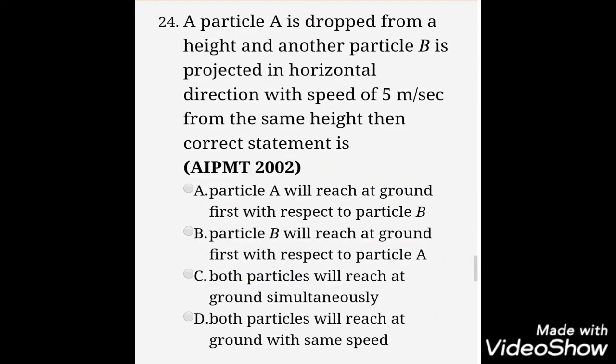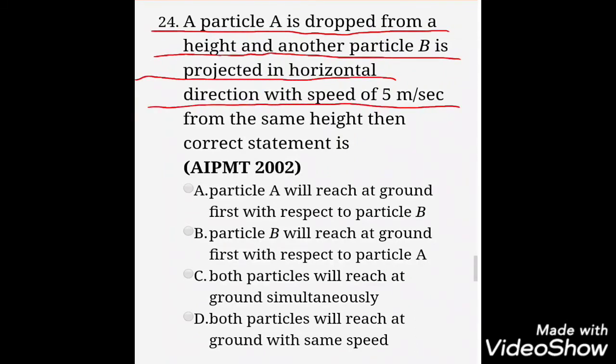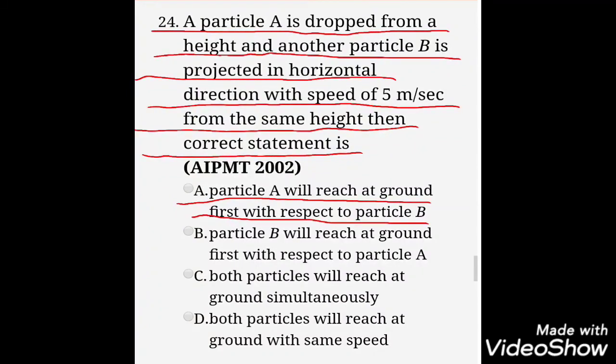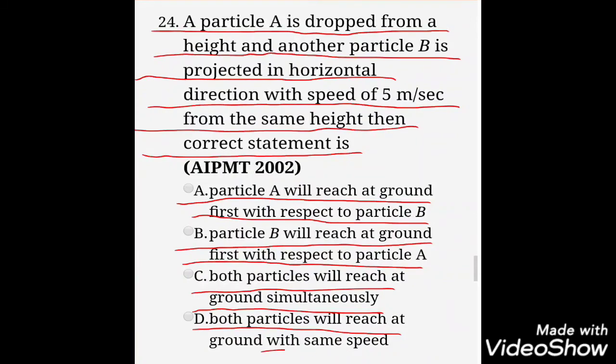Question number 24. A particle A is dropped from a height and another particle B is projected in the horizontal direction with a speed of 5 meter per second from the same height. Then the correct statement is: option A, particle A will reach the ground first with respect to particle B; option B, particle B will reach the ground first with respect to particle A; option C, both particles will reach the ground simultaneously; option D, both particles will reach the ground with the same speed.